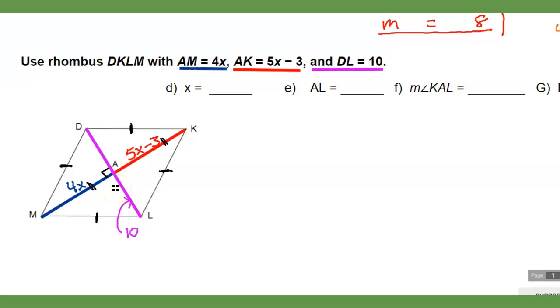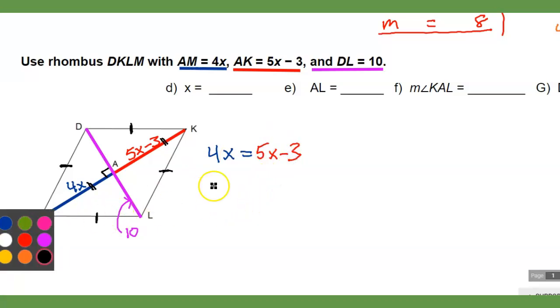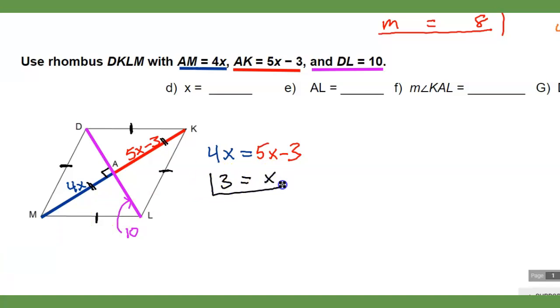So it's basically a problem that you guys have been doing for several days now. So if we know 4x is going to be equal to the 5x minus 3, we can go and solve this and have 3 equals x, which we're trying to find. Okay. And next we have AL.